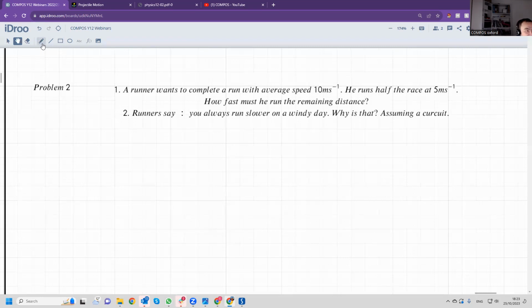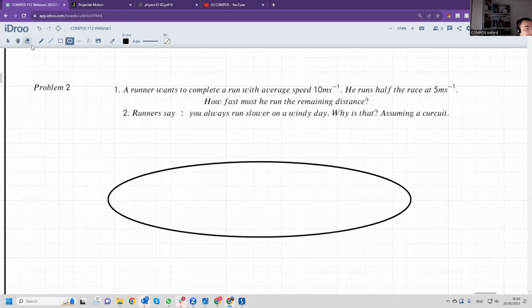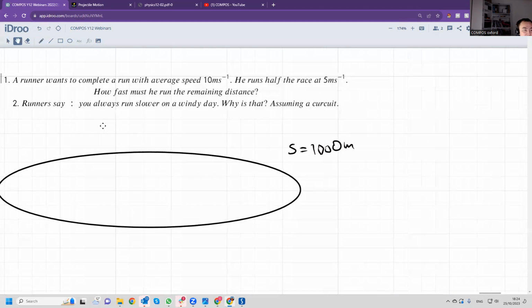So let's make it like a proper race. Let's make it what? 1,000-meter race. Let's say the distance is 1,000 meters. So expected time.